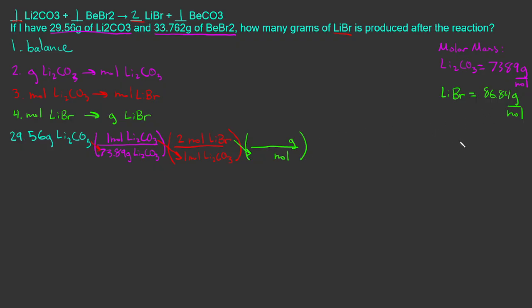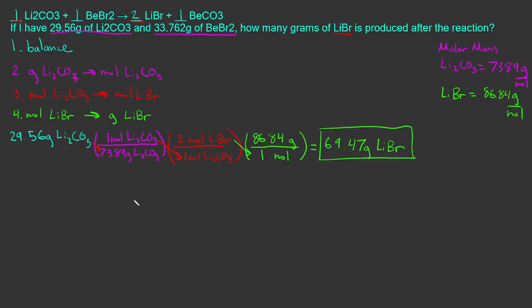We plug that in: 86.84 grams over 1 mole. If we do all this correctly, the math is 29.56 divided by 73.89 times 2 times 86.84, and you should get 69.47 grams of LiBr. That's the end of our first half.